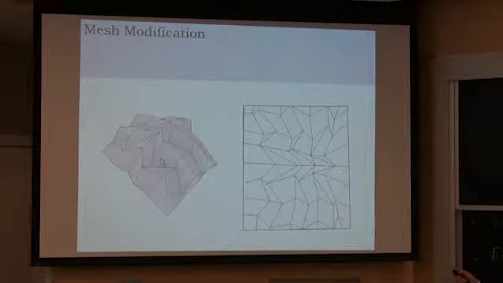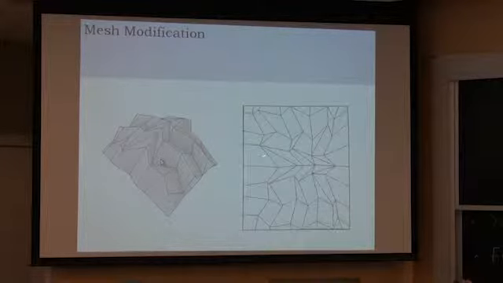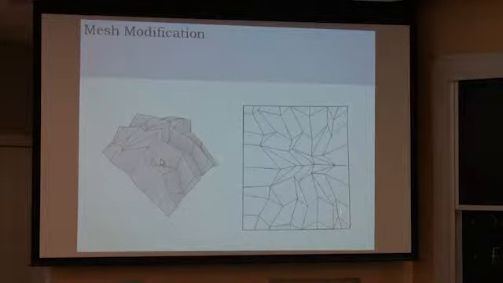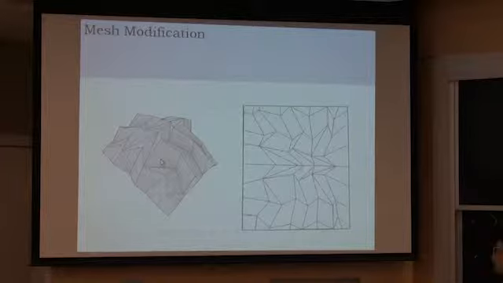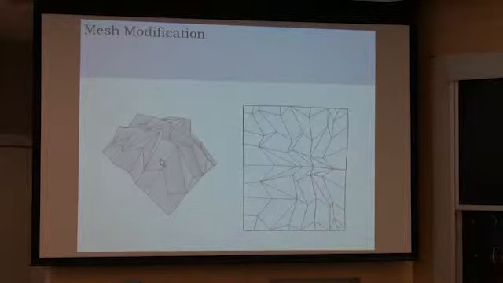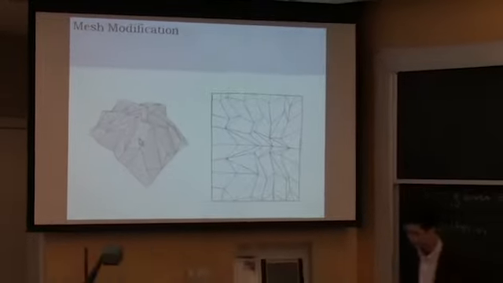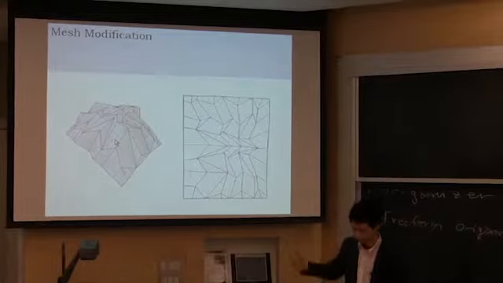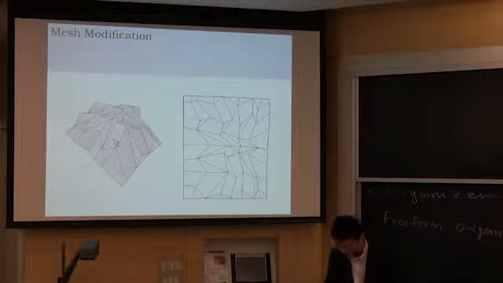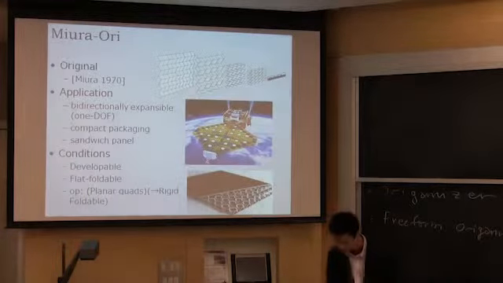This part is kind of similar to diamond pattern or Yoshimura pattern, and this part is kept the same as Miura-ori pattern. So mesh modification enables us to produce more variations for pattern.